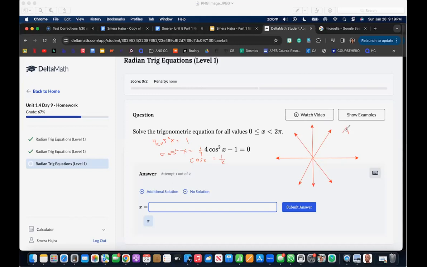Right here, we got the positive region, that's pi over 3. And we got this guy that is negative in that region, so maybe we'll hold off on that for a second. Now this one we get 5 pi over 3.